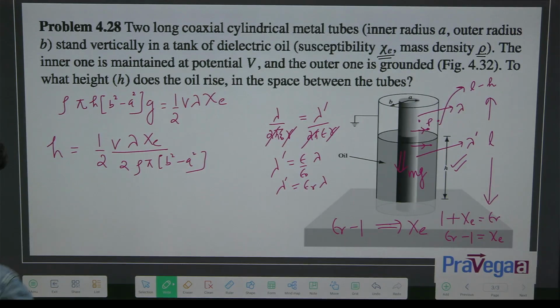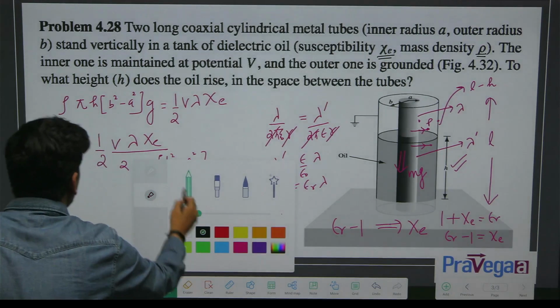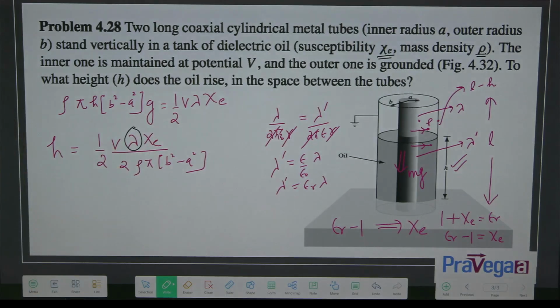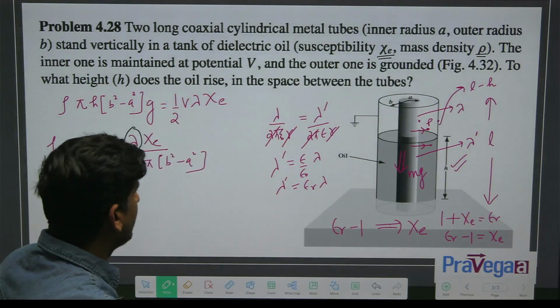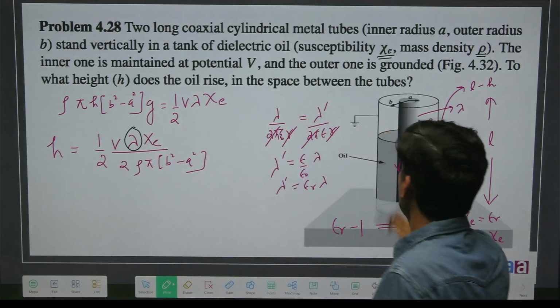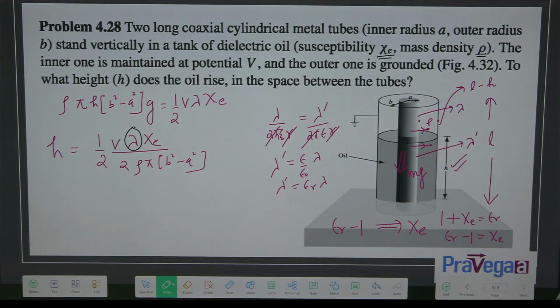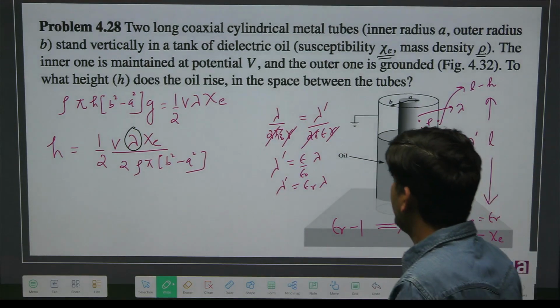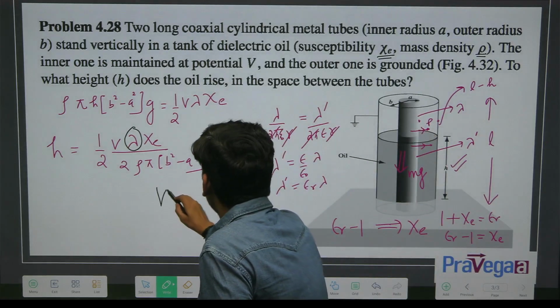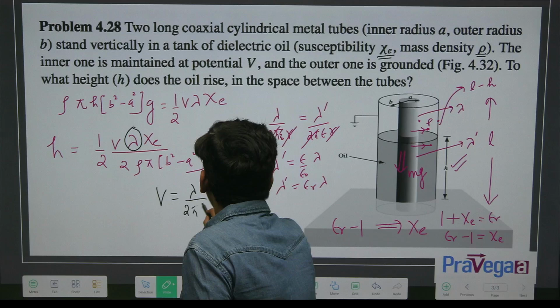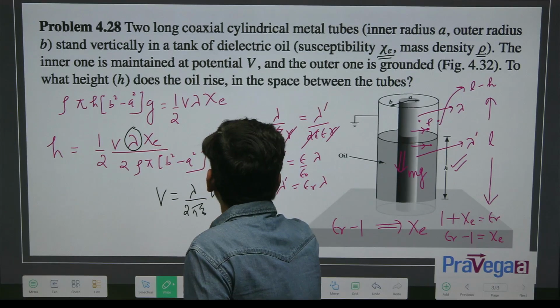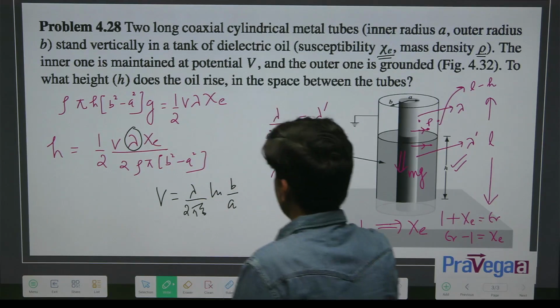Only one thing is extra which we had taken for our convenience, and that is lambda. So it is so easy to write the potential difference. Let us write it in the vacuum, the potential difference, because we know the profile of electric field. So the potential difference will be lambda by 2 pi epsilon naught ln b by a.